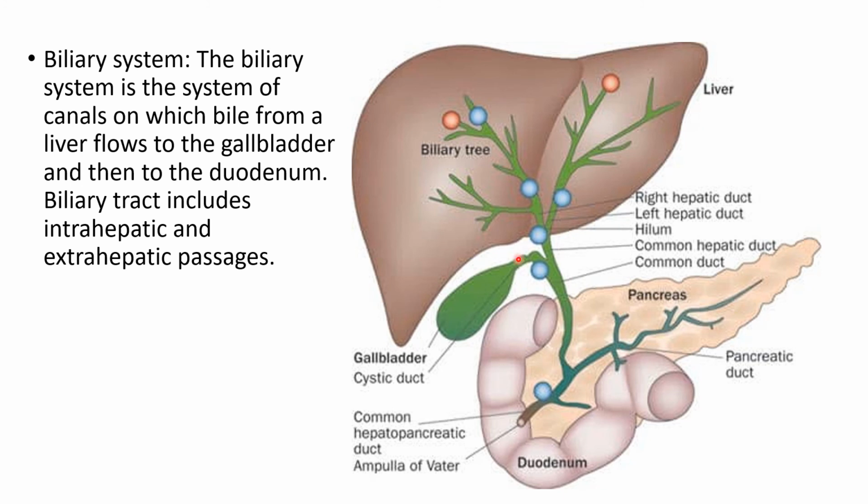Both of them merge, producing a common hepatic duct, and the bile secreted from the liver is stored in a structure called the gallbladder, which is green in color here, and generally it is also green under normal conditions.